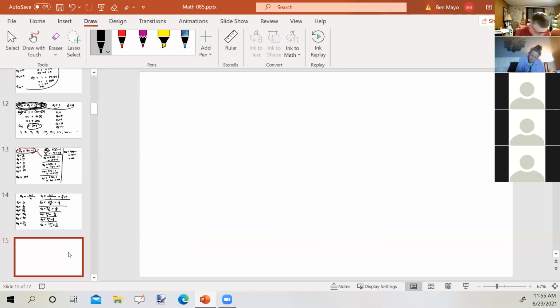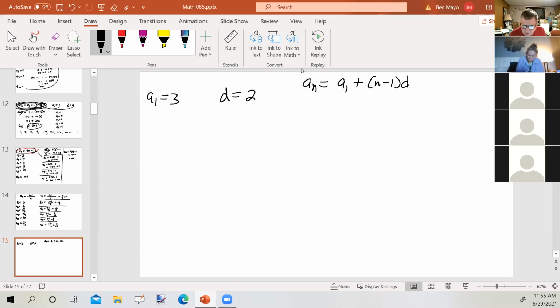Okay, we're told that the first term is 3. We're told that the common difference is 2. So we're going to use the formula a sub n equals a sub 1 plus the quantity n minus 1 times d. Why are we using that formula?